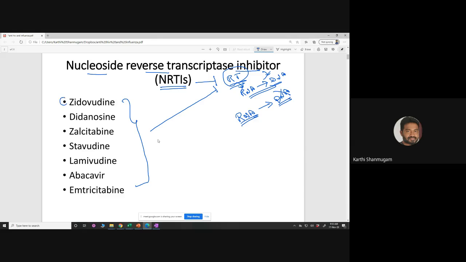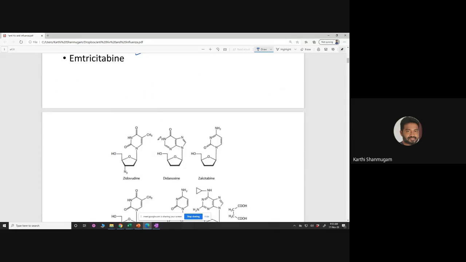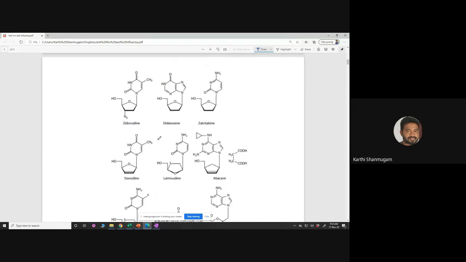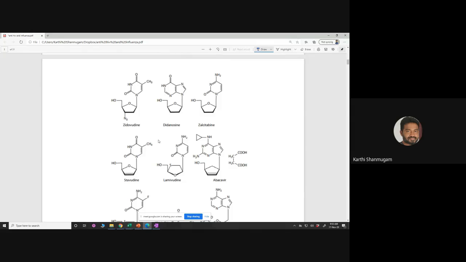So zidovudine, didanosine, stavudine, abacavir: these are some of the very commonly used drug molecules that inhibit the reverse transcriptase enzyme. These are the structures of the drug molecules listed, right? At least you should remember the structures of 2-3 commonly used drug molecules for the examination.